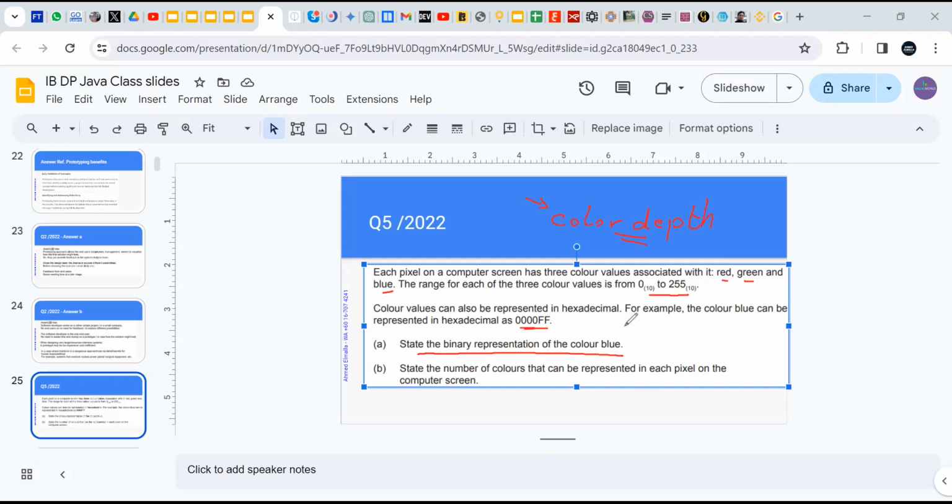So 0 translates to what? And F translates to what? F translates to 15, and 0 translates to 0. Yes, I understand it translates to 15, but he asked for the binary representation. So this single zero translates to how many zeros?